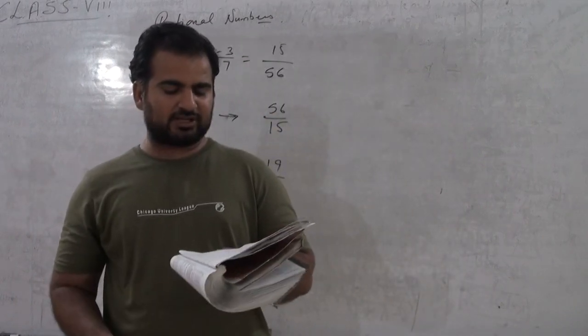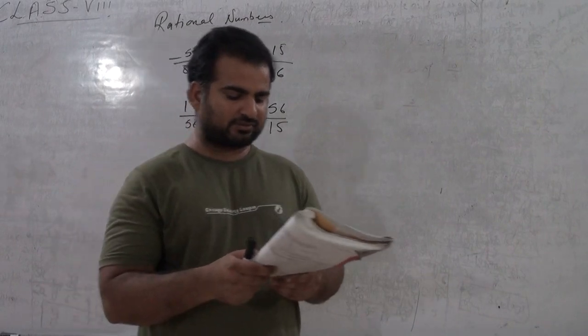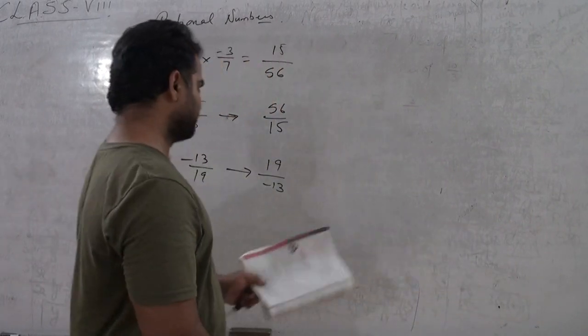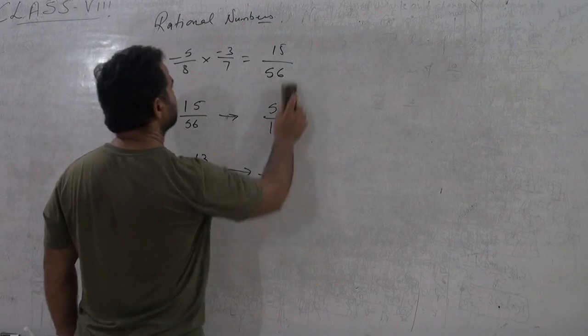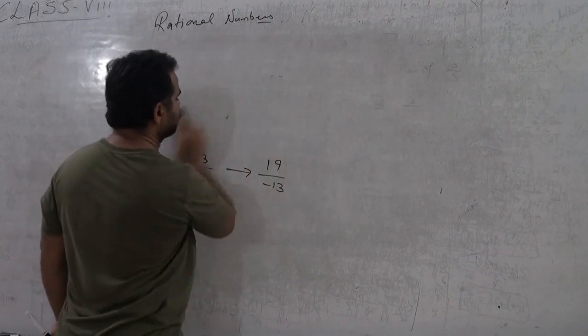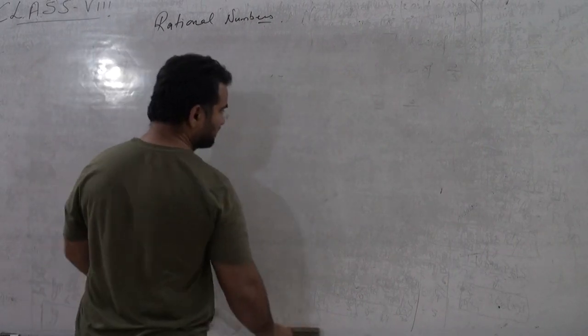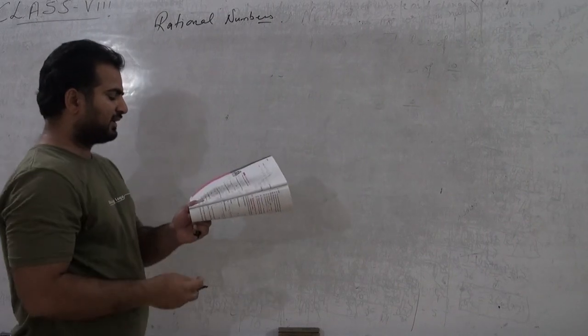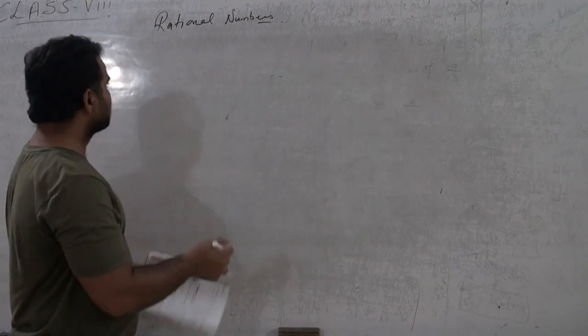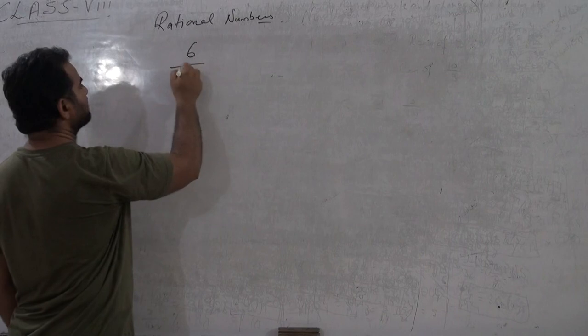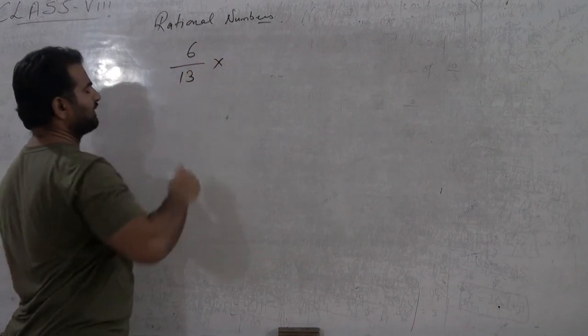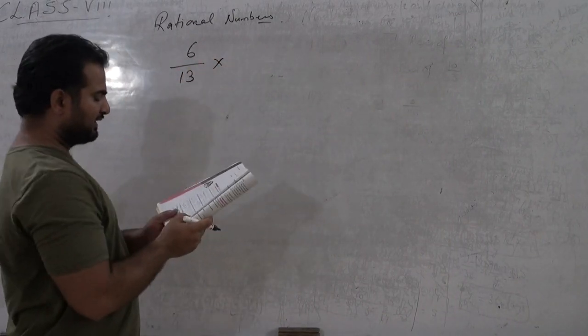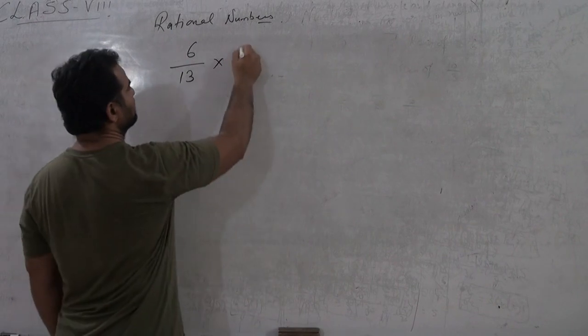Question number 6 is multiply 6 by 13 by the reciprocal of minus 7 by 16. So this is an important question and we have to pay attention to it. Multiply 6 by 13 by the reciprocal of minus 7 by 16.